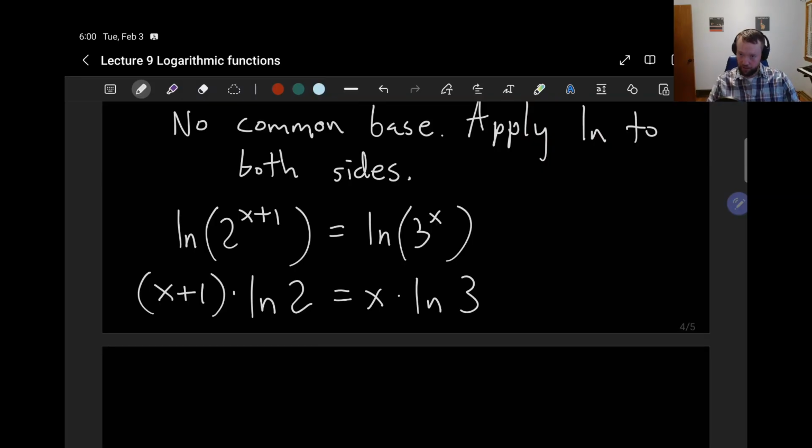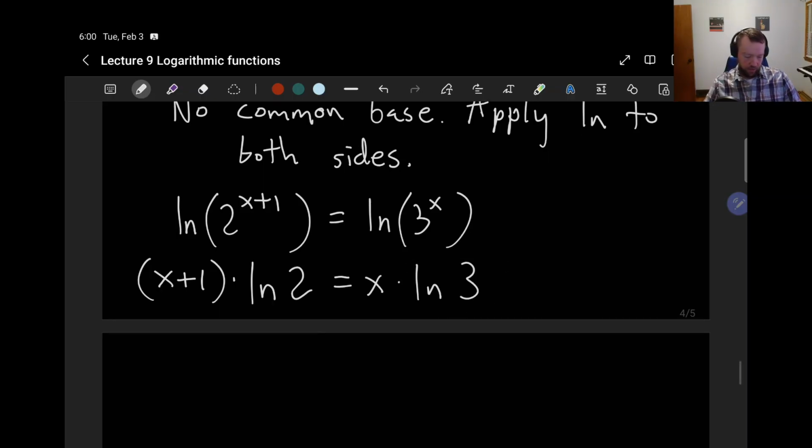Now this may look slightly complicated with ln of 2 and ln of 3, but remember that these are just numbers. These are constants. Now we prefer to leave them as ln of 2 and ln of 3 because they're nasty decimals. But when we're doing algebra, think of them as constants because they are.